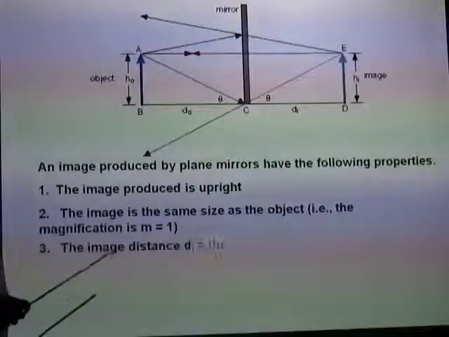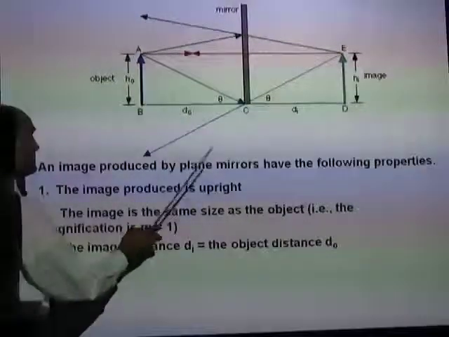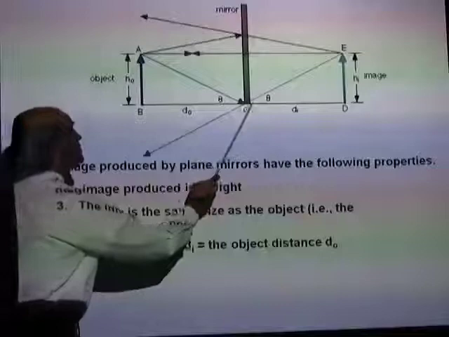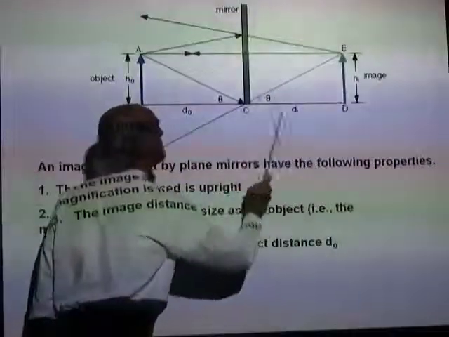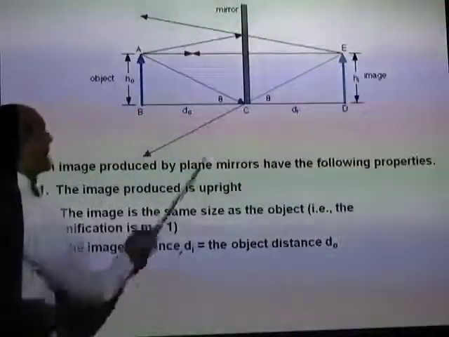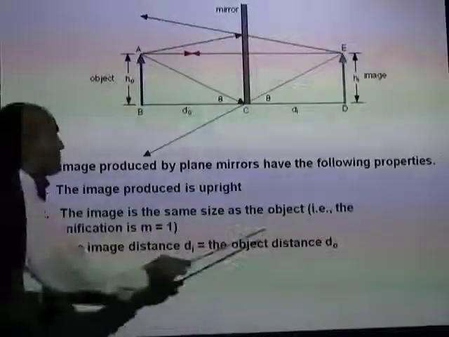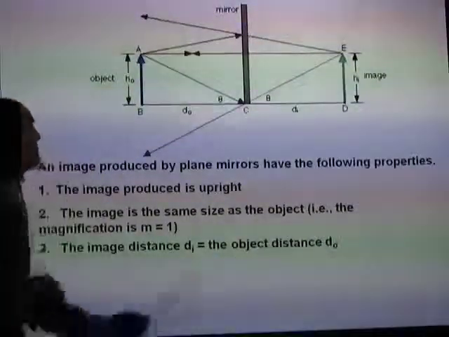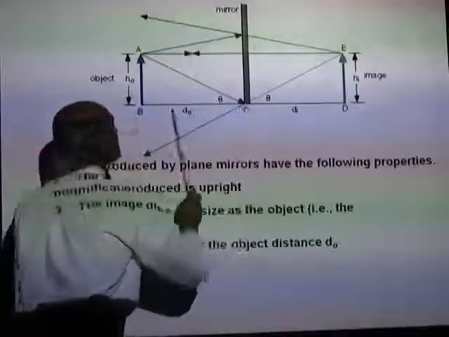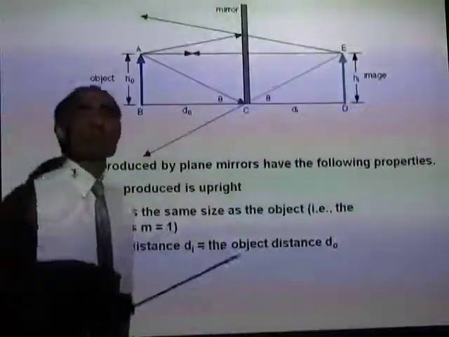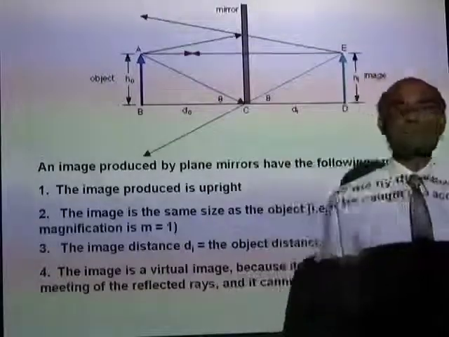That requires no explanation. And the image distance, the distance of the image from the mirror, we call it d sub i, is the same as the distance of the object from the mirror, that is d sub o. So di equal to do, and these are some of the important properties of images.